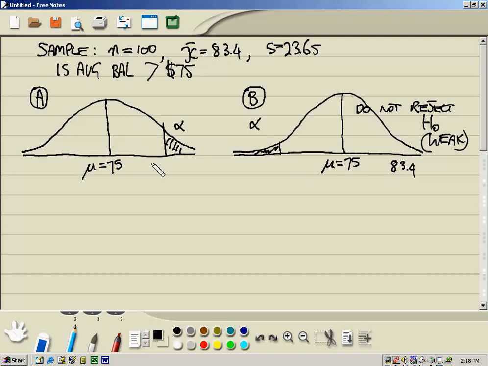Alright, alternative A here, the 83.4 could either be in the rejection region or the acceptance region, so we don't know. So either we will say again, do not reject the null, or we're going to say reject the null.